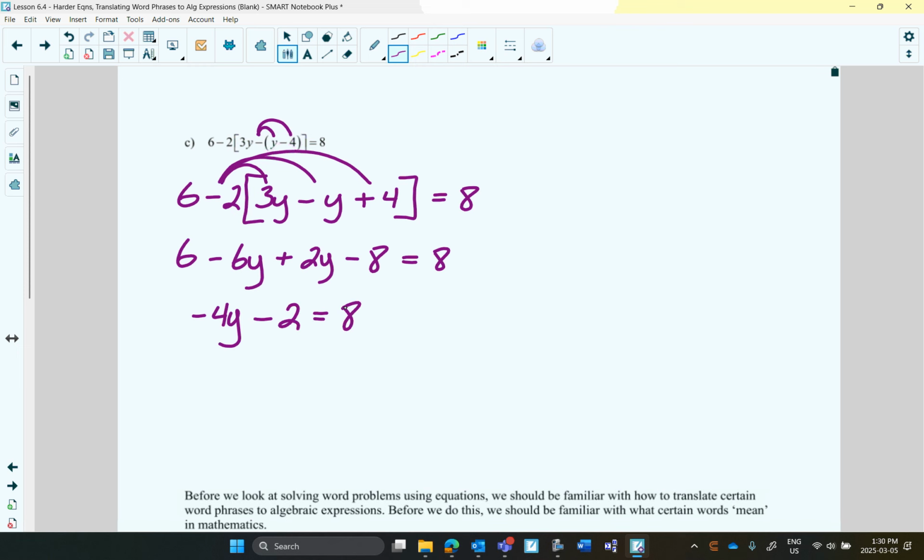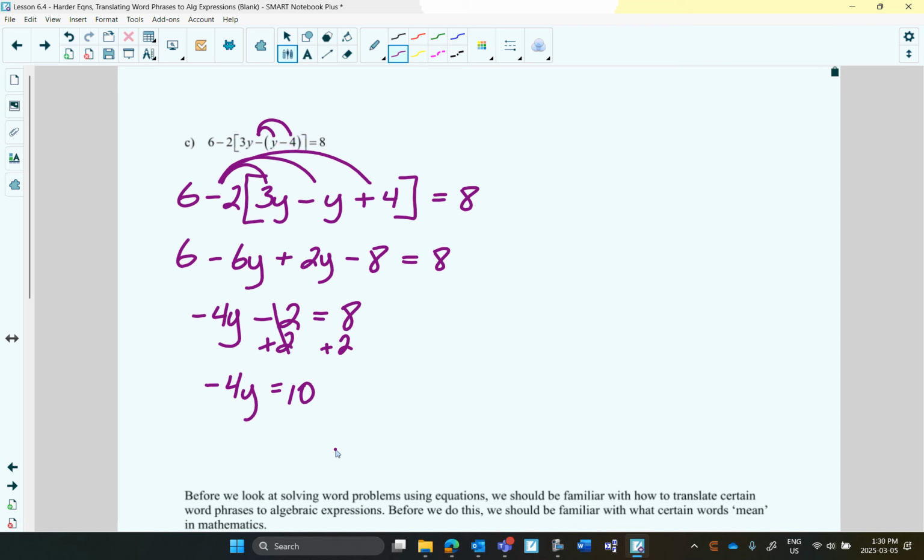Equals 8. Now we solve. Well, I don't have to bring y's together because the y's are only on the left. So what's the next step? Add 2 to both sides. And I get -4y is equal to 10.